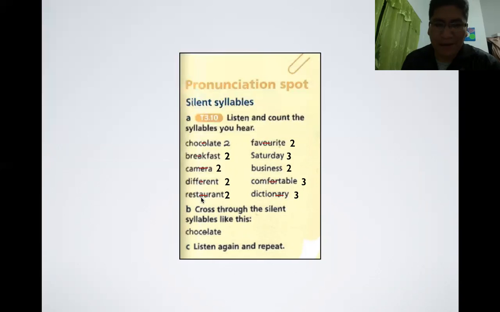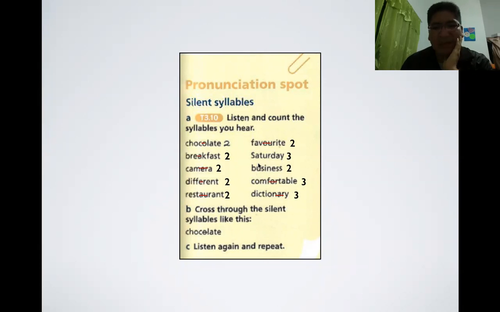And here, the A and U are in silence. Restaurant, restaurant. Favorite, favorite. Saturday, business, comfortable. Okay, Saturday here, no silent letters.